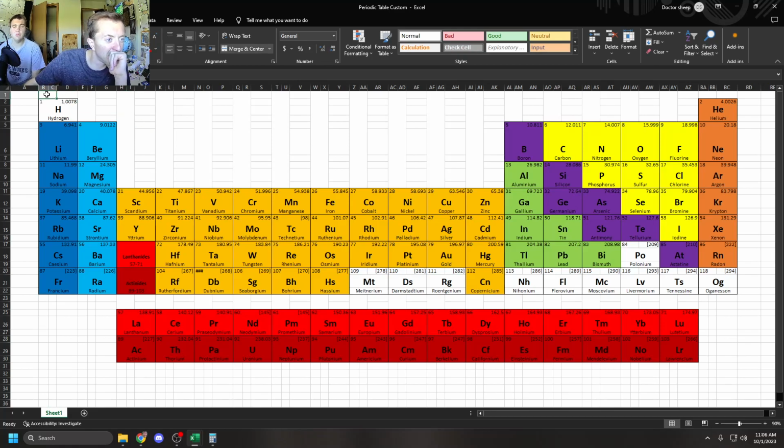The reason I have it set to that width, and I'll show you down here, is because of protactinium. That's praseodymium. Oh, so yeah, praseodymium, because it's the longest element name.